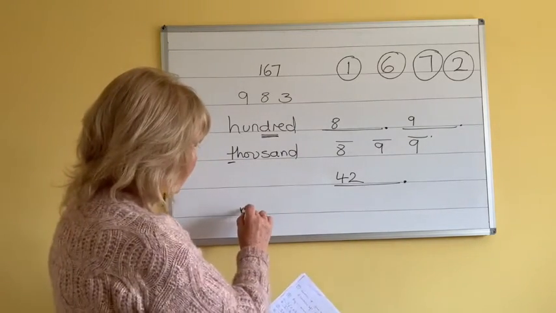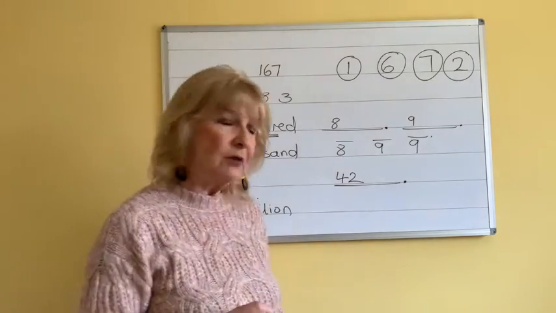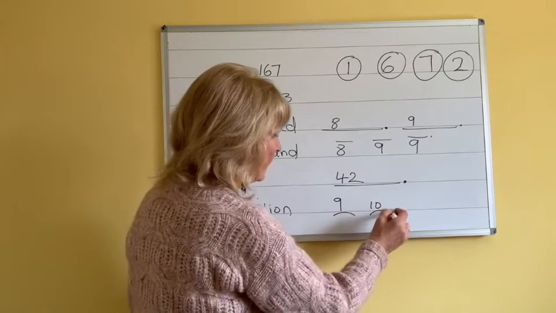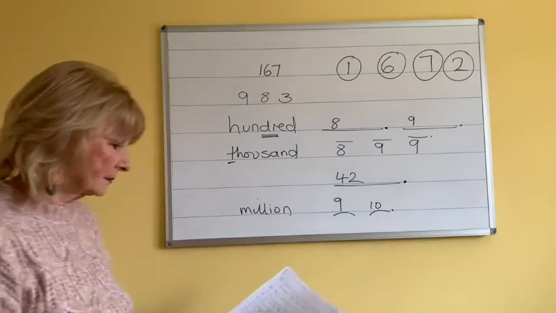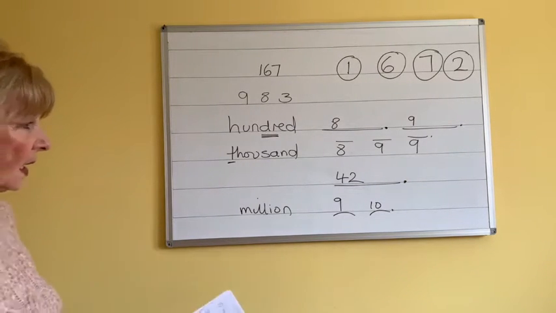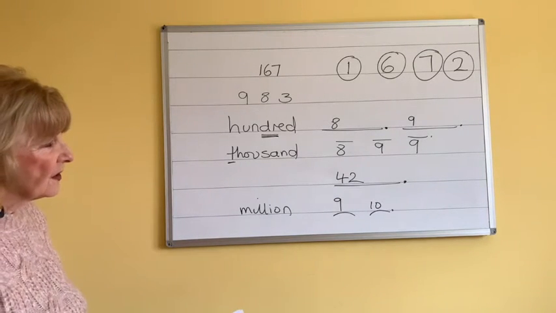So now we get to million. And when we write million, we just write an M underneath it. So this would be 9 million, 10 million pounds. What about if it's a mix of hundreds and thousands?